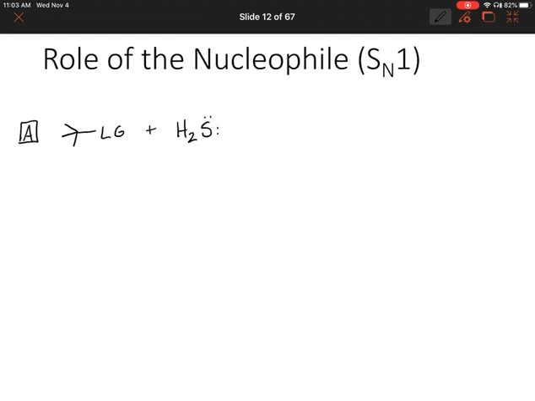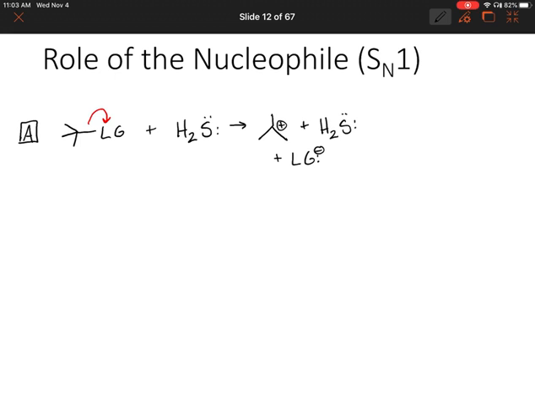Okay, so remember in an SN1 reaction, the leaving group leaves first, and we end up with a carbocation. So for this reaction, we would end up with a tertiary carbocation. And then we still have our nucleophile, and we've also formed our leaving group ion.